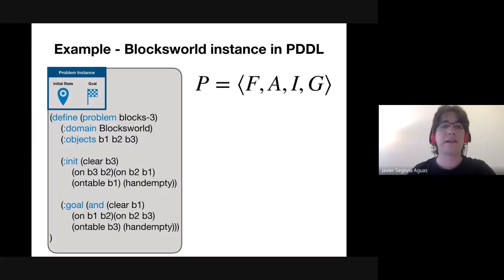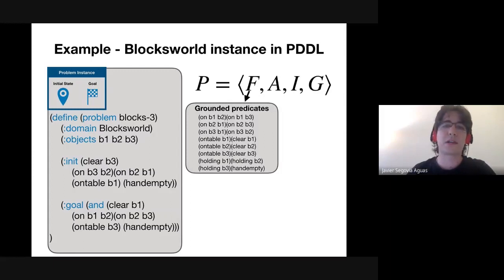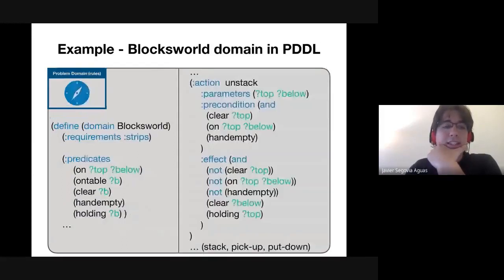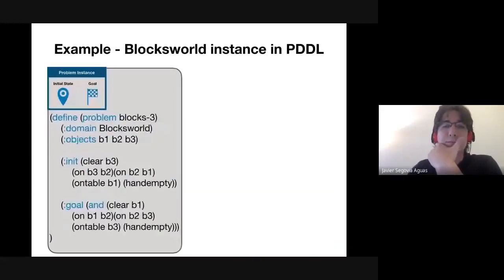So if we have again this original problem, we have this set of grounded predicates that I told you before that we are going to explain what grounded means, which are, if you can see here, all predicates on top, below, and here the list of objects B1, B2, B3.